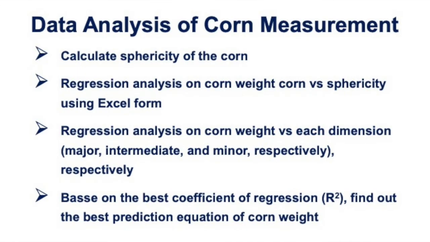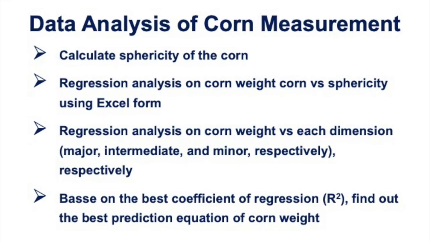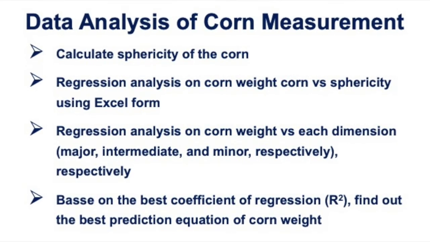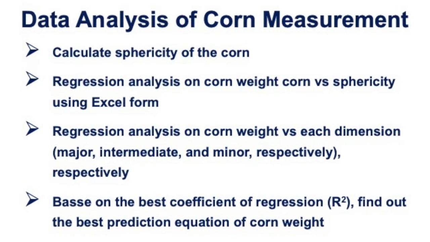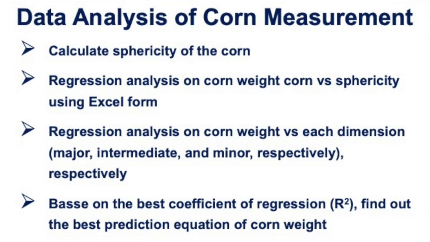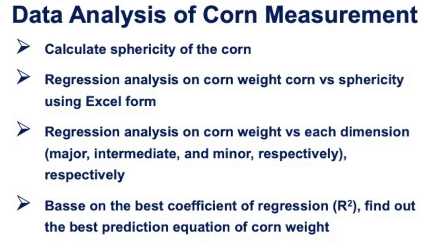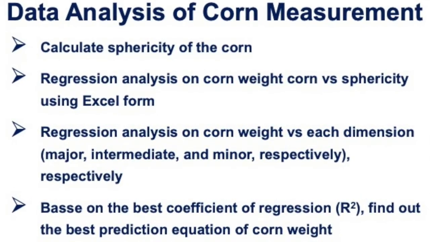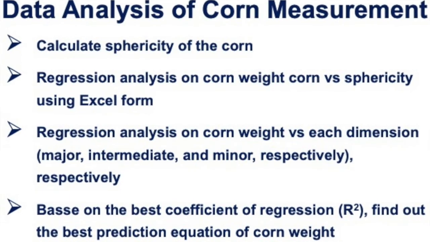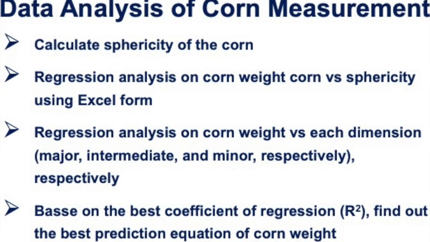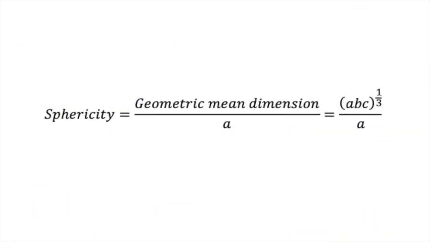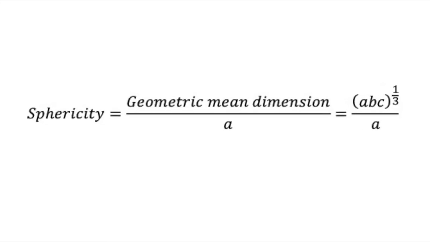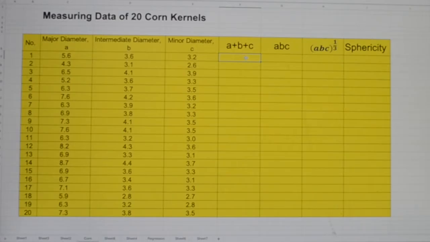The data analysis of corn measuring includes calculating the sphericity of the corn and performing regression analysis to find out the best prediction equations of corn kernel weight based on the size and shape. It's very easy to use Excel to calculate the sphericity of corn based on the geometric mean dimension and major diameter.